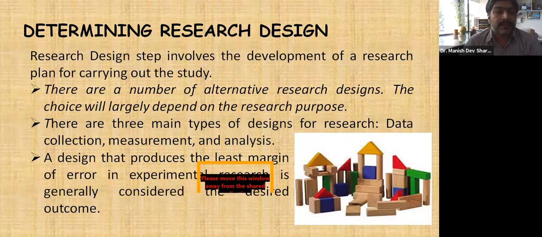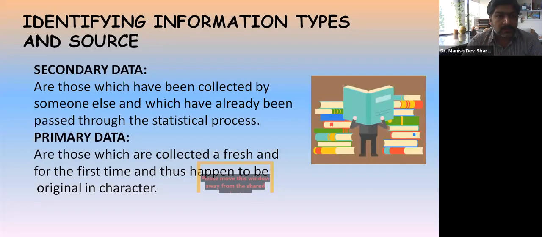So the research design will also help you to find the best alternative research. The different available research designs will help you to find the best option among the best solutions.